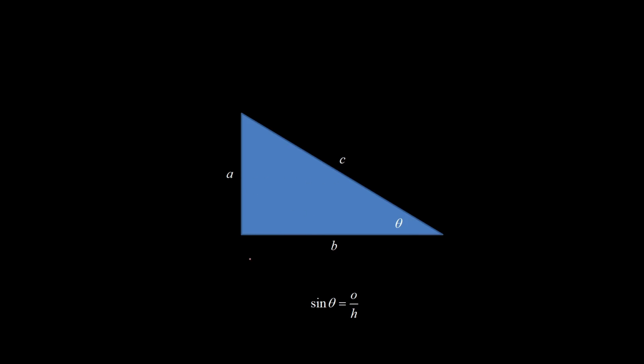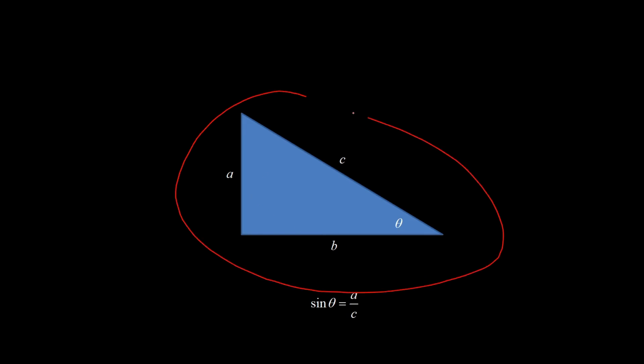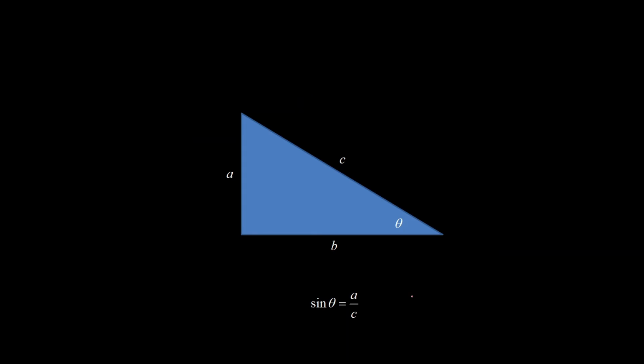And if we look at what I have labeled here, you can see the opposite I'm calling A, and the hypotenuse I'm calling C. So sine of theta here is A over C in terms of our right triangle. Now what I'm going to do with this is multiply both sides by C, so that these C's cancel out.